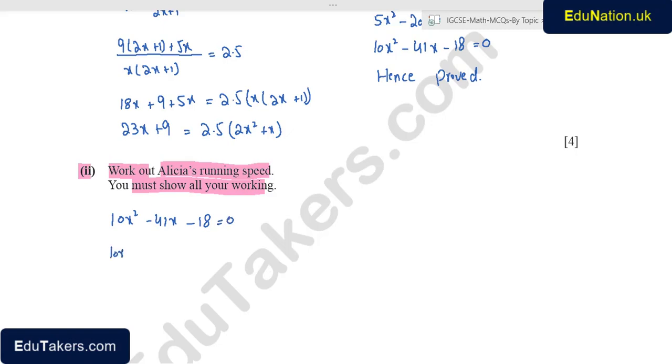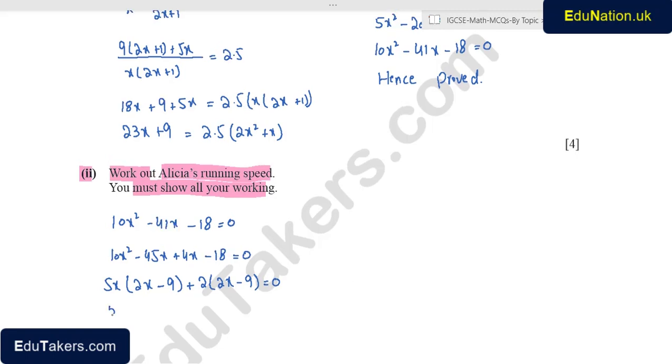So it will be 10x squared minus 45x plus 4x minus 18 is equal to 0. Now taking 5x as common, this will be 2x minus 9, plus taking 2 as common, so 2x minus 9 is equal to 0.